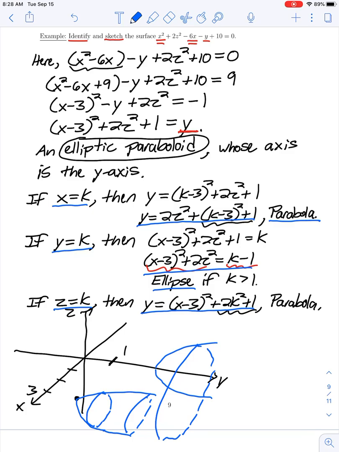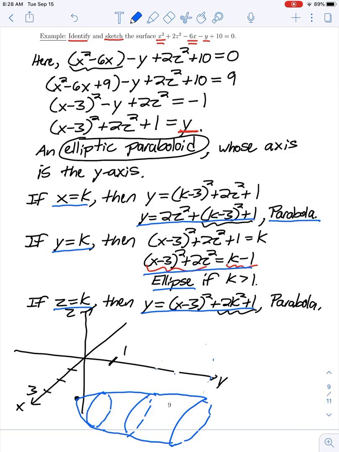But I start getting these ellipses of larger and larger area. So let me, for simplicity of visualizing this figure, maybe omit this parabola that I had drawn in the YZ plane. So here, to better visualize this, as this parabola keeps increasing, so is the area of my ellipse.